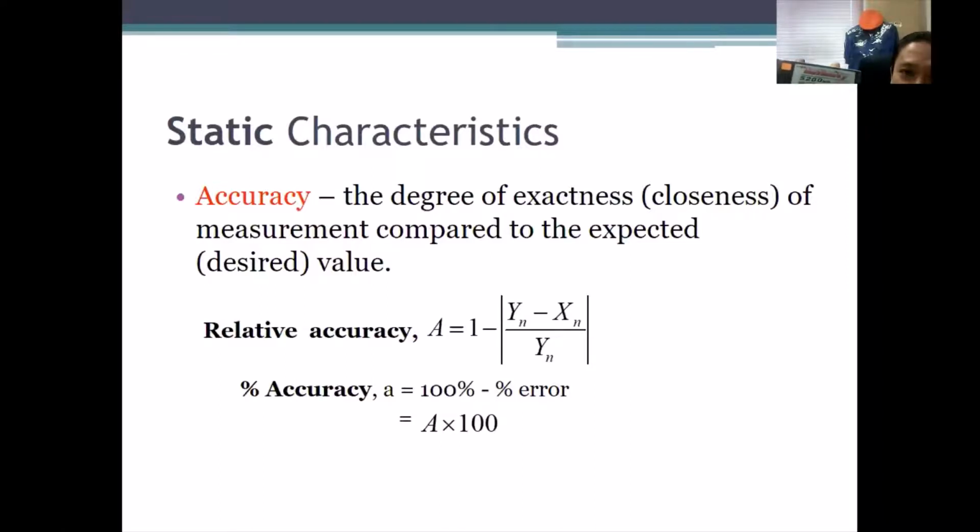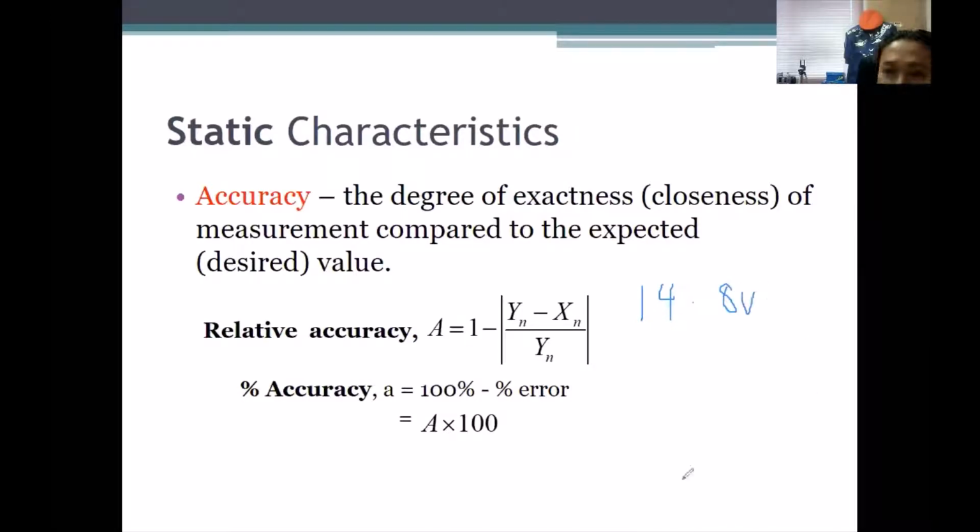Then when we measure using the digital multimeter, we got 15.08 volts.